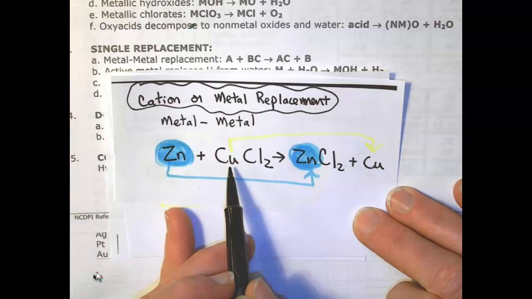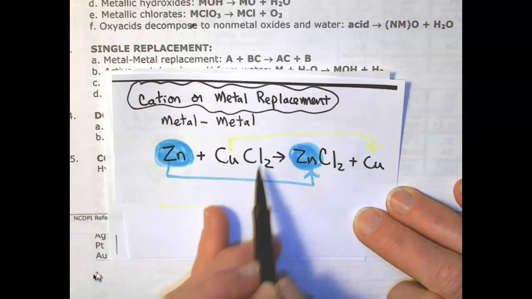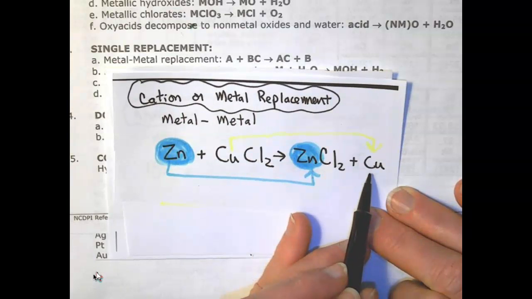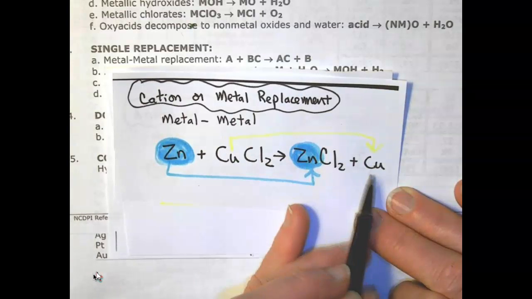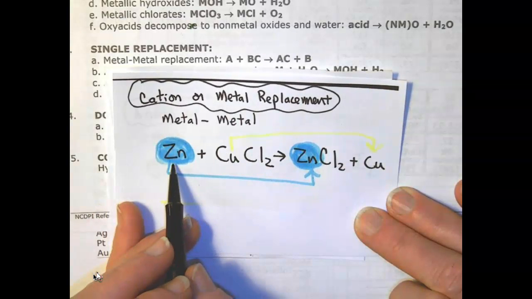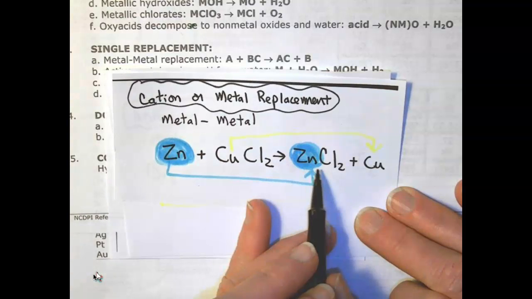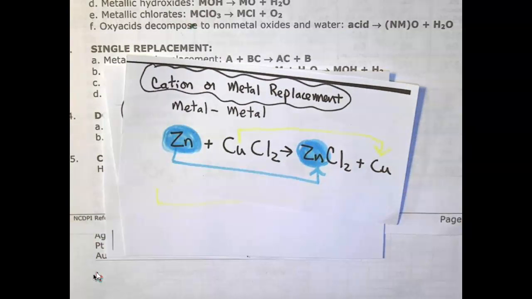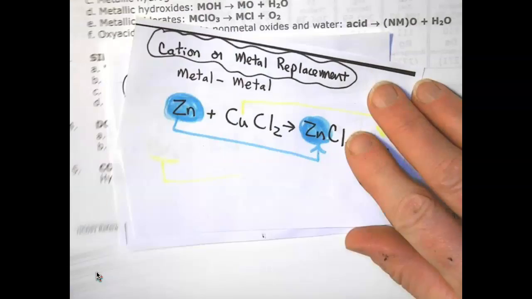It can only replace the metal in the ionic compound, so it goes with the nonmetal from the compound, and then the metal from the reactant ionic compound is by itself. So this is zinc reacts with copper chloride to produce zinc chloride and copper.